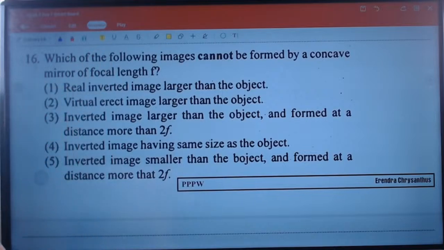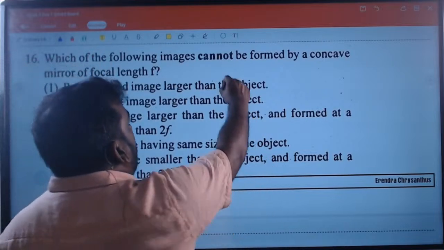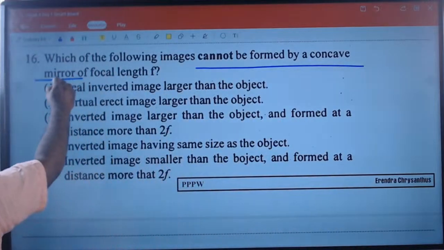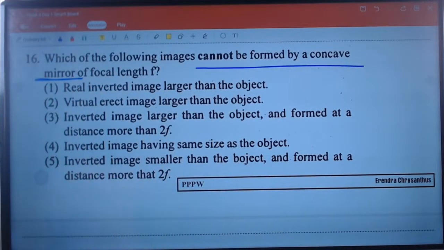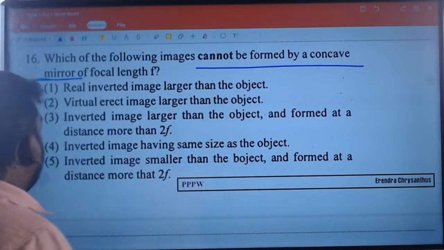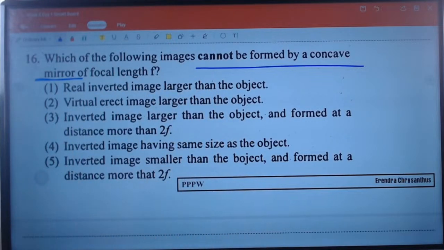Which of the following images cannot be formed by a concave mirror? Concave mirrors are there from your O-level knowledge, so you can't say no there. Generally, will they repeat this particular question again?